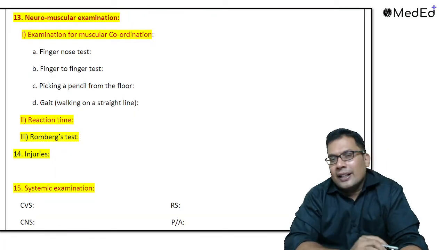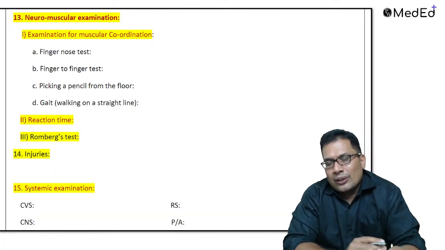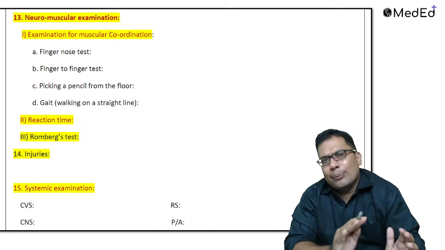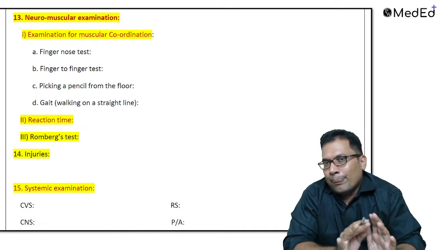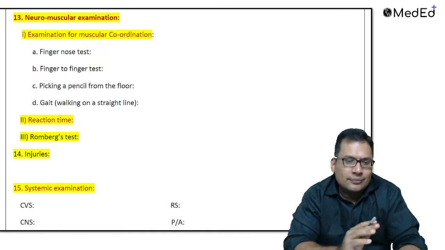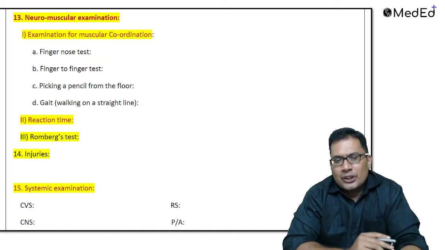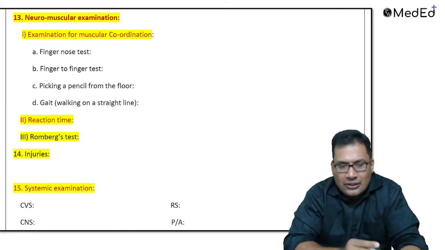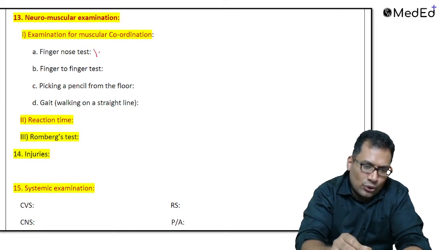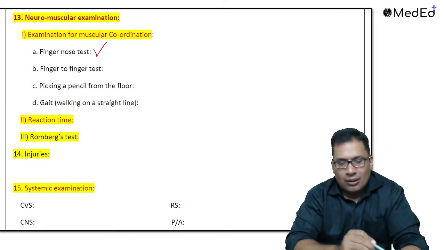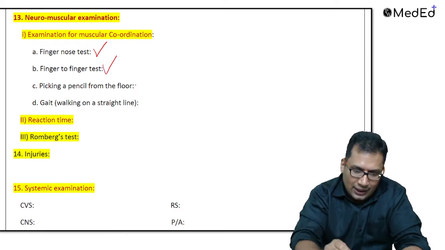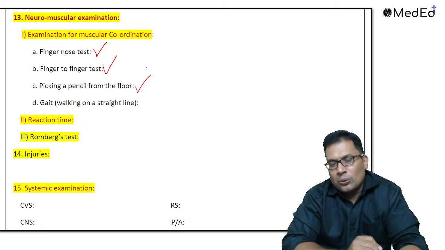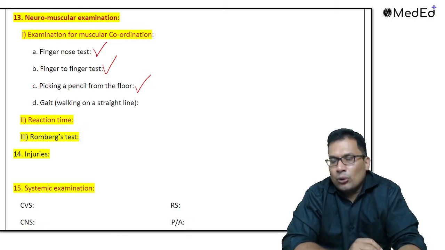Yes. Next comes the neuromuscular examination. Very important component. This component you need to write properly in the exam. Okay. Examination of coordination. That is by using finger nose test, finger test, or you can ask the patient to pick up a pencil from the floor.